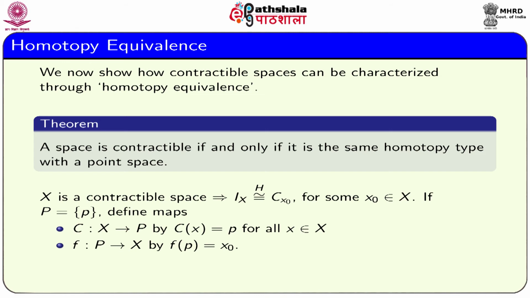There is no other point in capital P. So, the only point p belonging to capital P will be mapped to the point x0 which we have already got from the definition of contractibility of capital X.